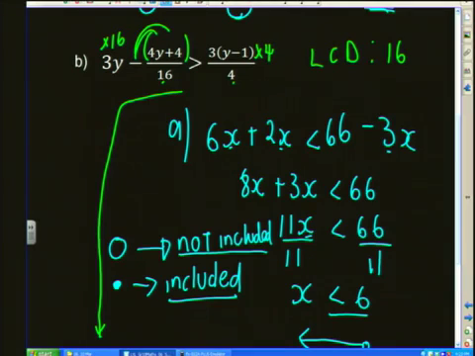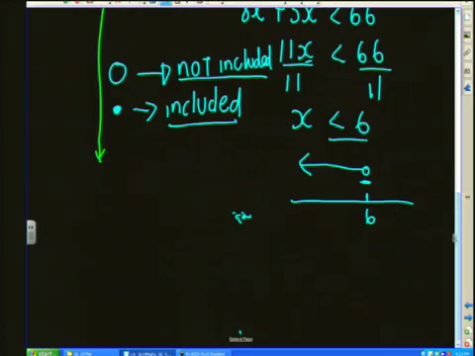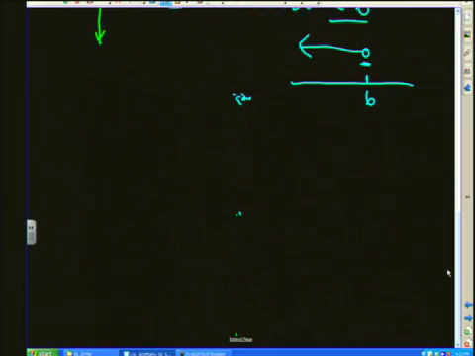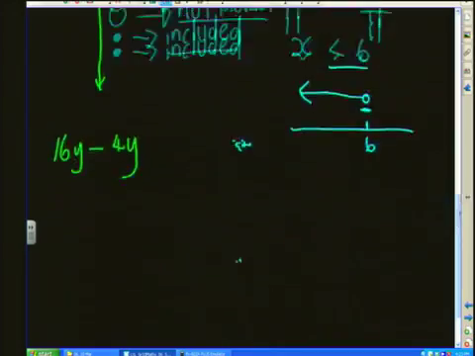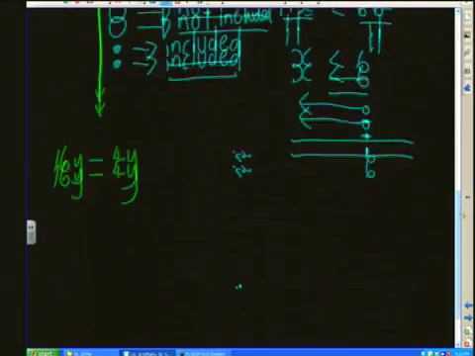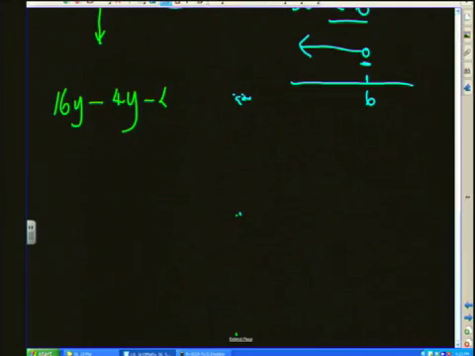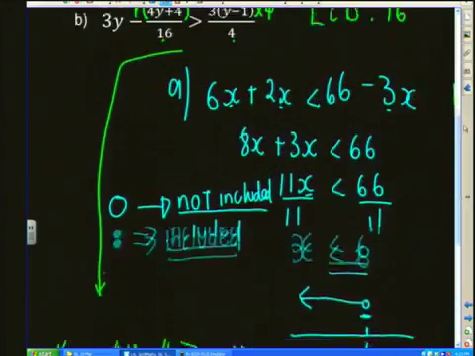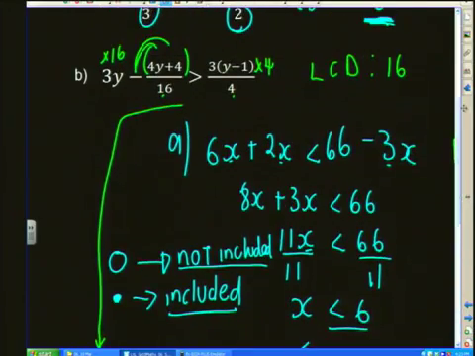Okay, so my first term is going to become, I'm going to get 16y minus, I think it was 4y, but as you all know, I'm getting older since yesterday, so let's just double check that. It's going to be minus 4y minus 4 is greater than, let's go back up, and we're going to times the 4 by the 3, so we get 12 into y minus 1.